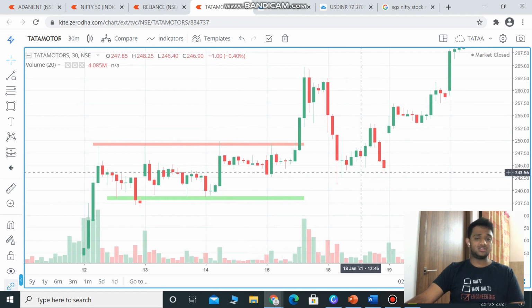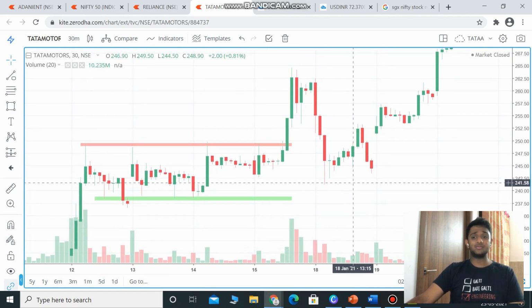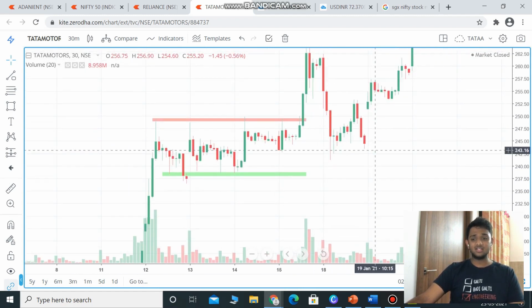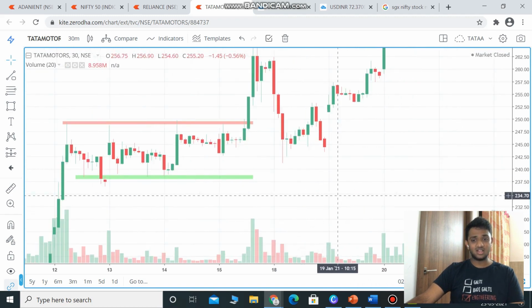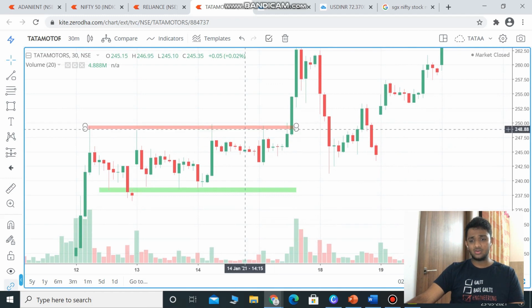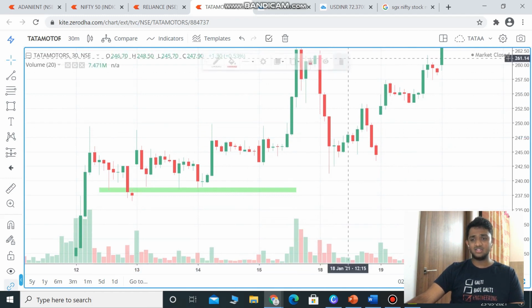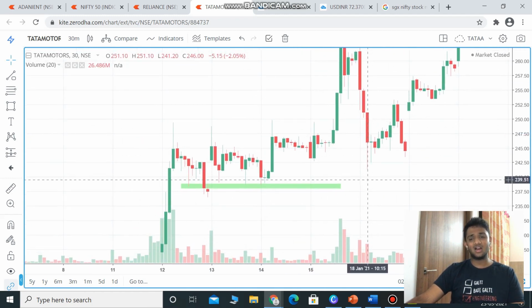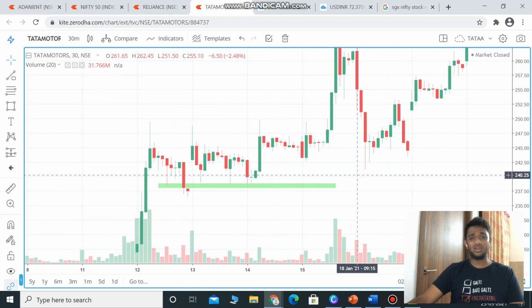And I did teach that support becomes resistance, right? Support becomes resistance, in the last concept. Usually wicks are considered, but wicks are known as fake outs.